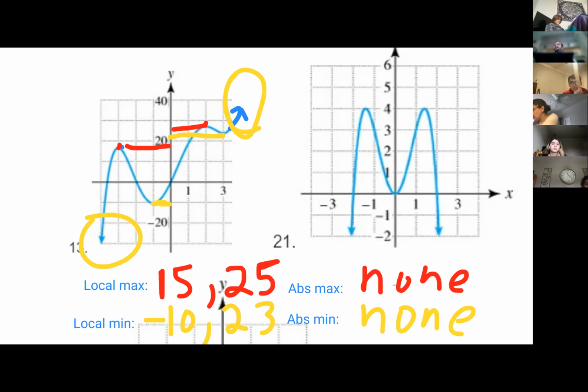This tells me that we have no absolute max because any point I pick on my graph, that arrow is going to keep going up. I can pick a point on that arrow that is above it. There's no point that's higher than every other point on that graph. And I know it doesn't have an absolute min because it has this arrow going down. Any point on that graph, I can pick a point from that arrow that's going to be further down. It keeps going down.